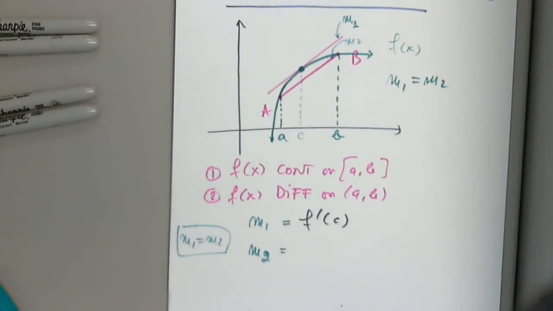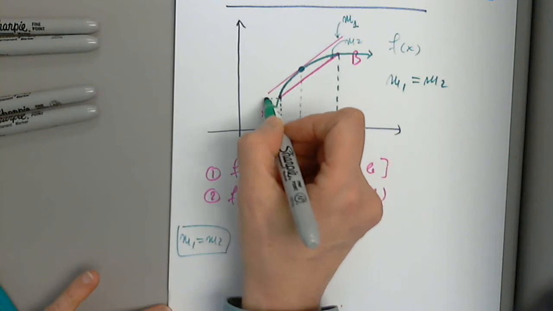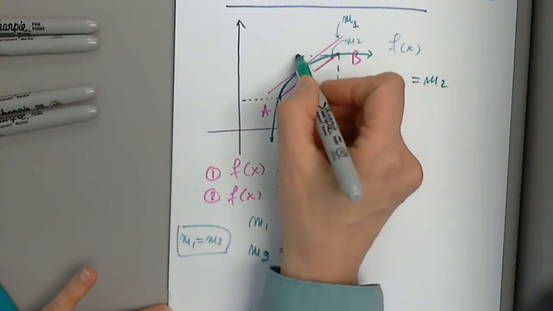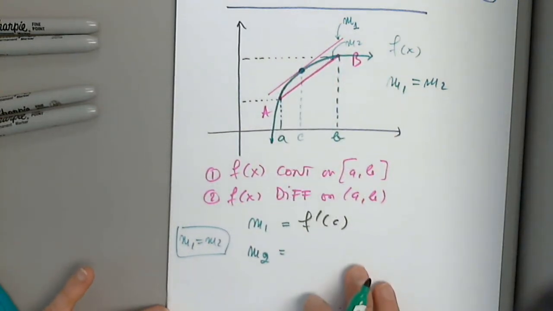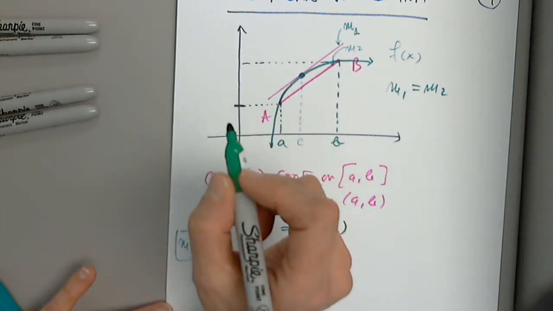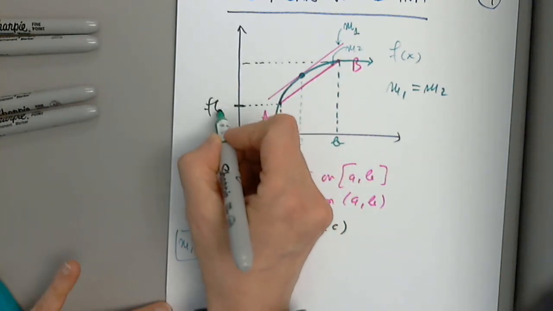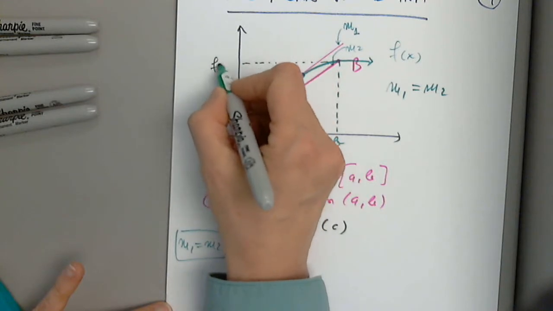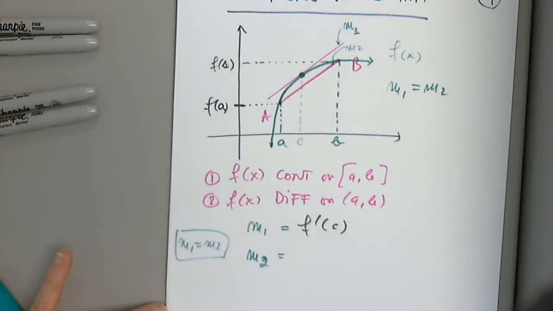Okay, now I need the slope of the line m2. What will you say? So maybe I should give you a little bit more information. I know you have it, but maybe it's better to write it. What is this? f of c. This is f of a, and this is f of b. Good. Ready. When you are.